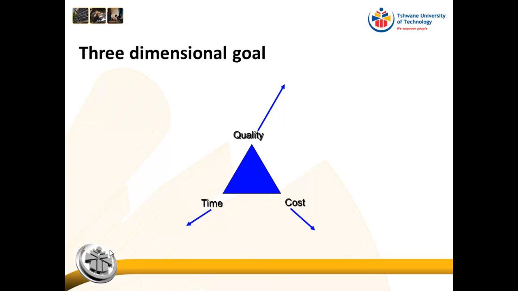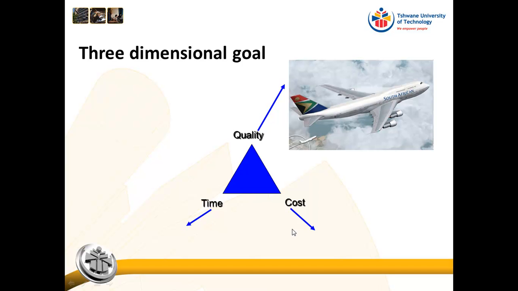Okay, so then when we look at a project, projects have a three-dimensional goal, or in some literature it is also called constraints. So it's quality, time, and cost. So when we look at the three-dimensional goal, what is more important, quality, time, or cost?